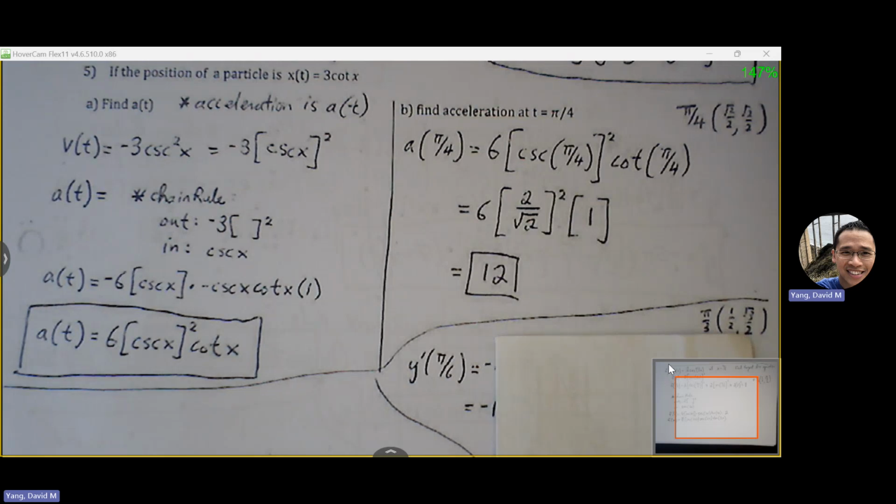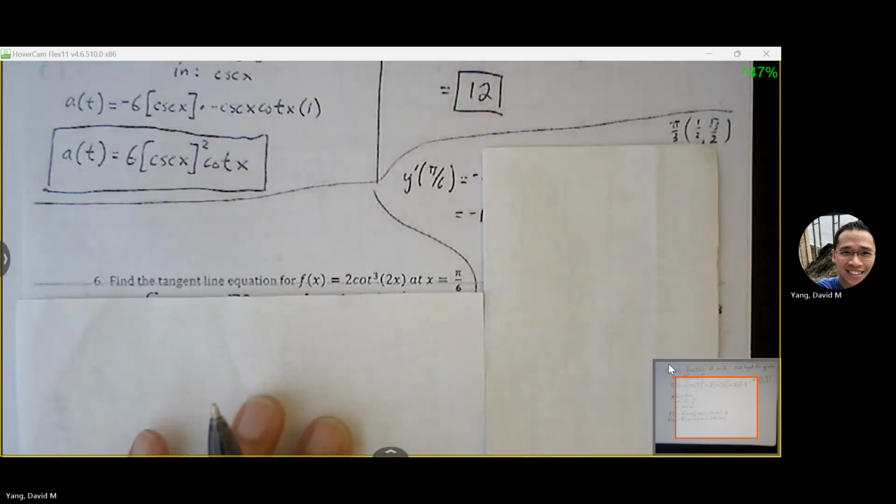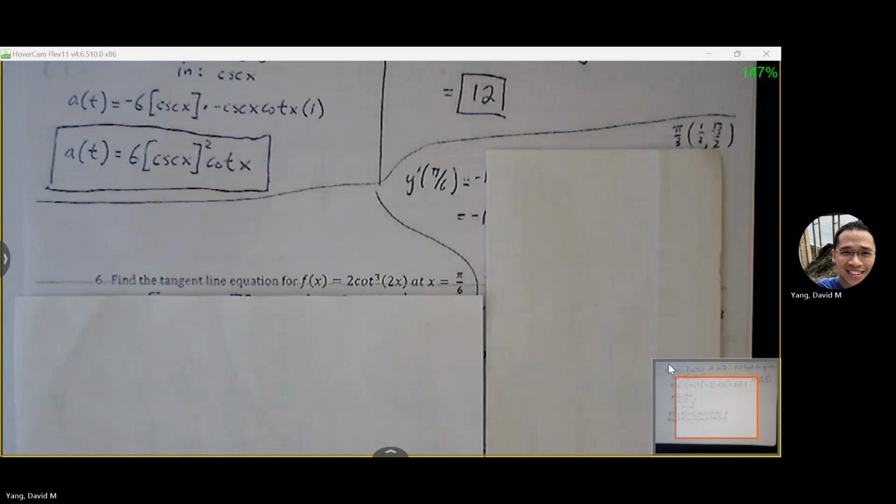Okay, number 6. Tangent line equation. Get that bracket to show up first.